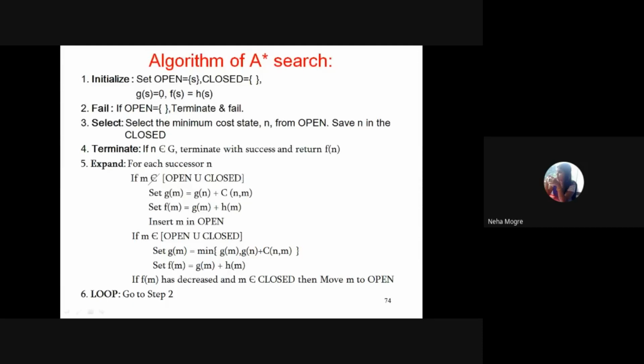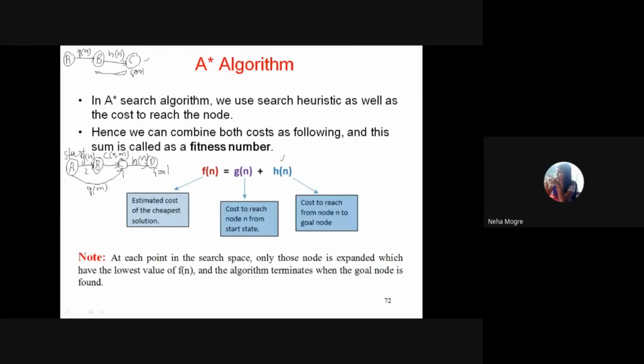Now, can you tell me what will be the f of s value in the start state? Consider this example, this diagram. Here g of s value is 0 for the initial state, and for f of s, if you put the value in this particular formula, f of s equals g of s, which is 0, plus h of s.